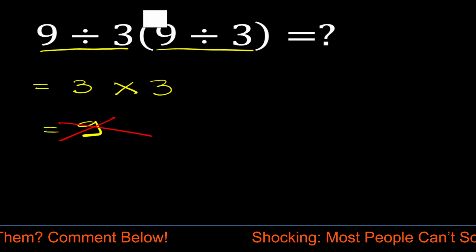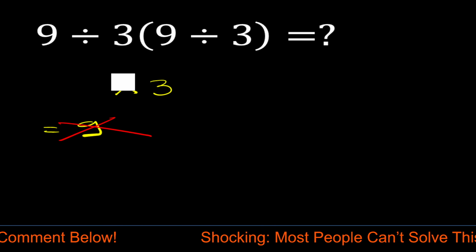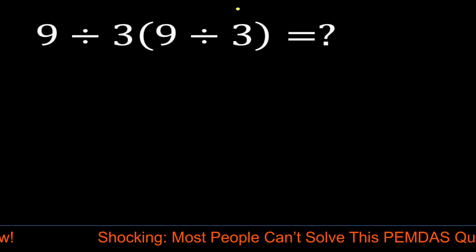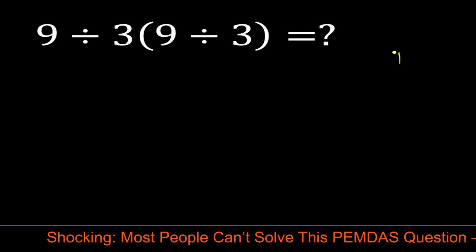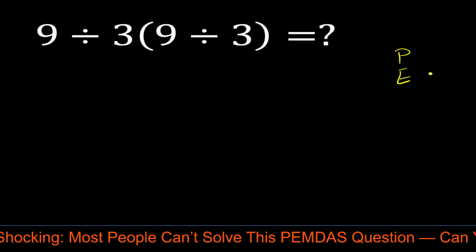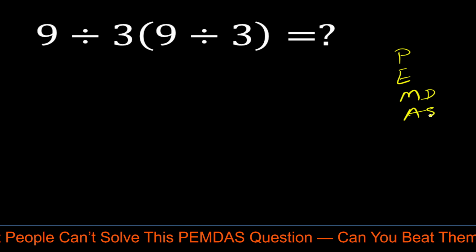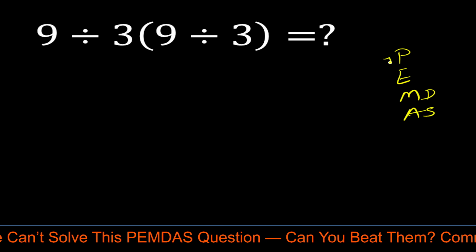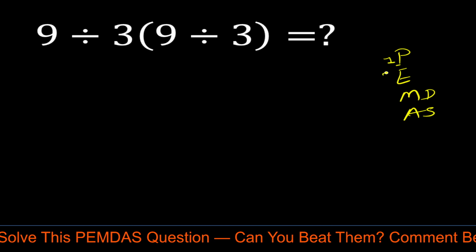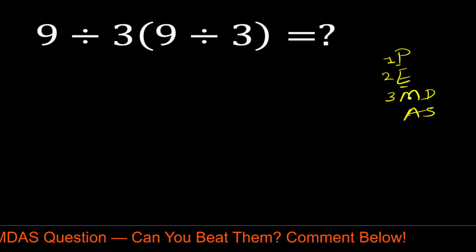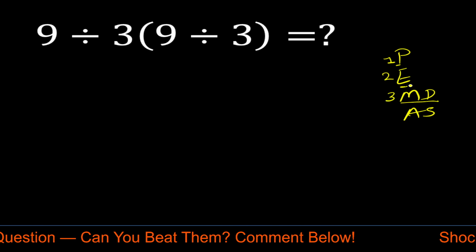So now let's solve this problem correctly by using the PEMDAS rule, right? So PEMDAS, P E M D A S. According to PEMDAS, first priority is parentheses, then second priority is exponents, then third priority is multiplication and division.